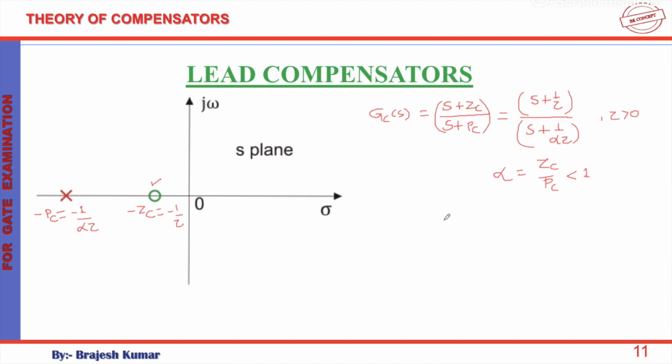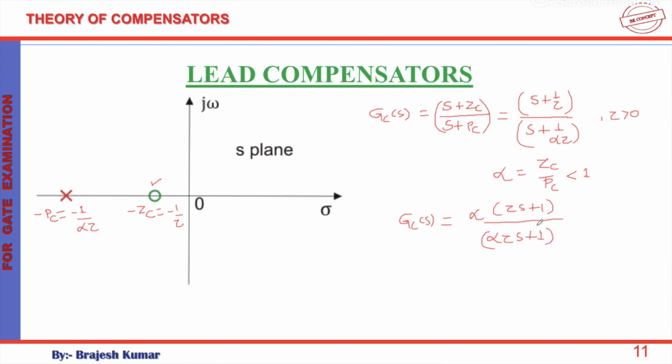Okay, so now further simplifying this whole term, we'll have Gc(s) equal to (alpha tau s plus 1) divided by (alpha tau s plus 1)... that is, Gc(s) equals (tau s plus 1) divided by (alpha tau s plus 1), with alpha less than 1.